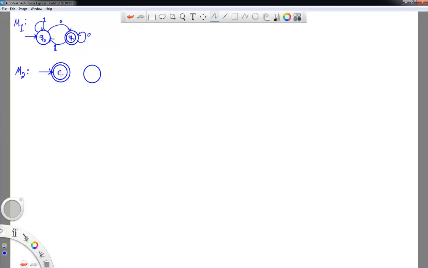So let's call these R sub 0 and R sub 1. And then let's have this machine go over 0 and 1 to this state, stay in here over 1, and then go back to state R sub 0 when it sees a 0. Okay, so these are my two machines, M sub 1 and M sub 2.